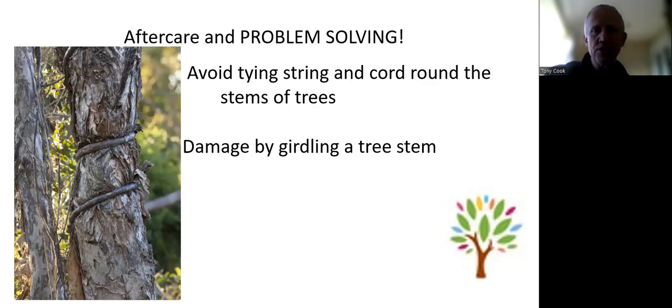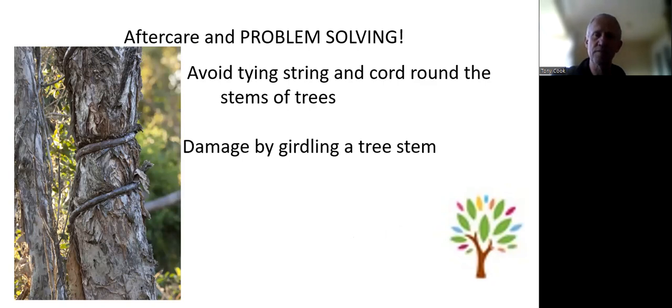On this image, you can see a tree that's been girdled, and so something's been tied round trees. And sometimes, in forest school activities, you can see where people have hung things on trees, and to get the item they're hanging, maybe tree biscuits or different decorative things, they tie the decorative item onto the tree using cord.